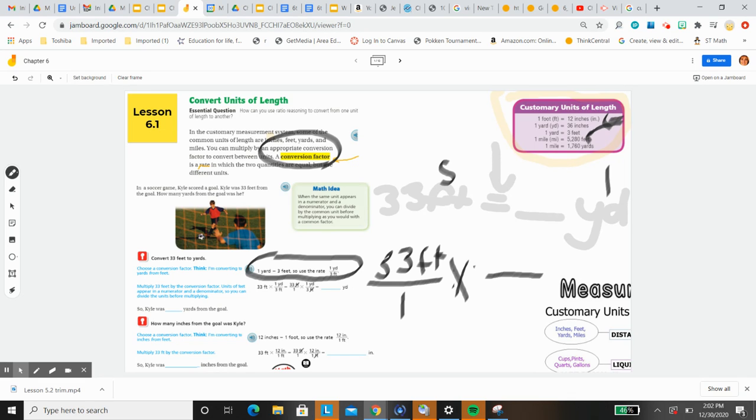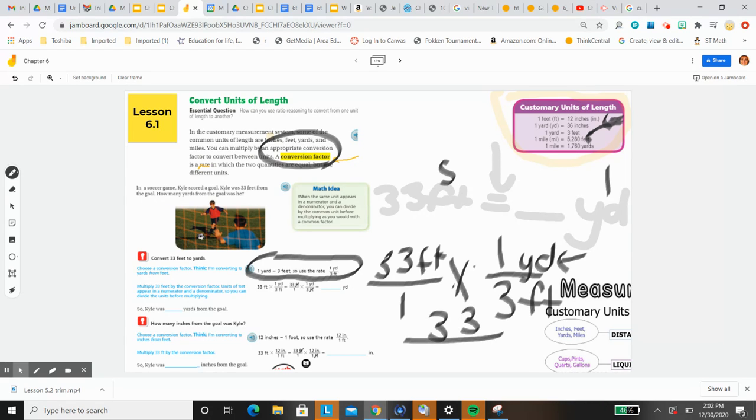Okay, so I have 33 feet. Now, if I have feet here, I want to make sure that I have feet in the opposite corner. There are 3 feet in 1 yard, and I'm converting to yards, so I need to make sure that I have that particular conversion. Okay, so now I'm going to take 33 times 1, and I get 33.